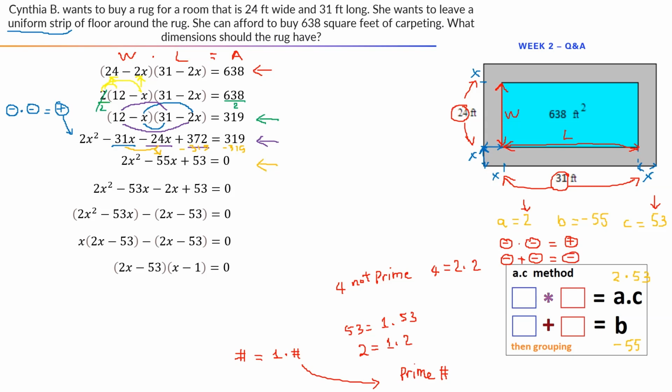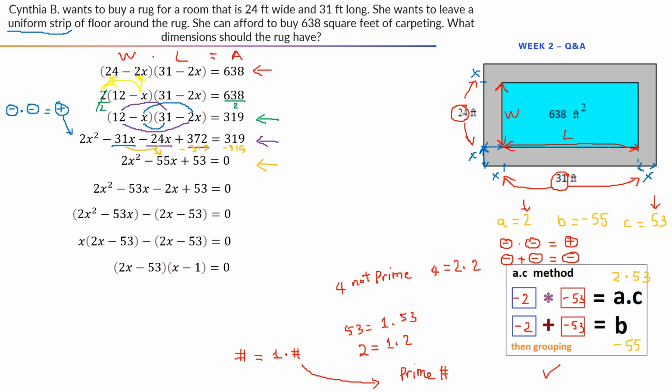So I will put in here negative 2 times negative 53. Negative 2 plus negative 53, that matches. So we're good with it.